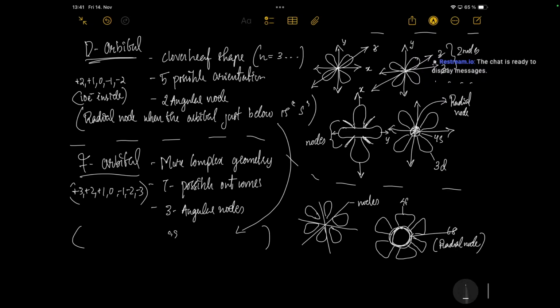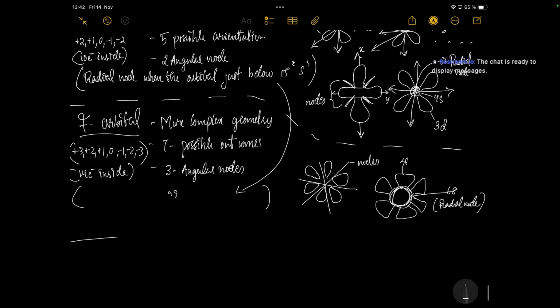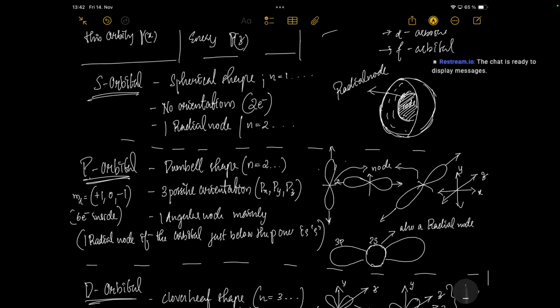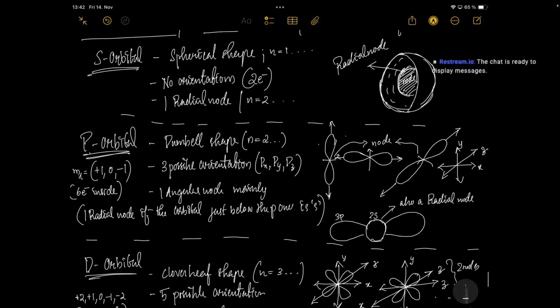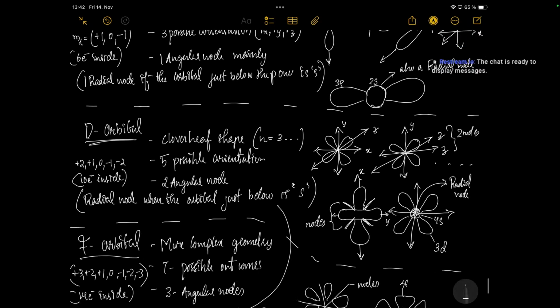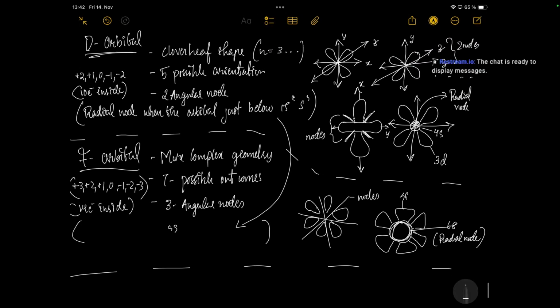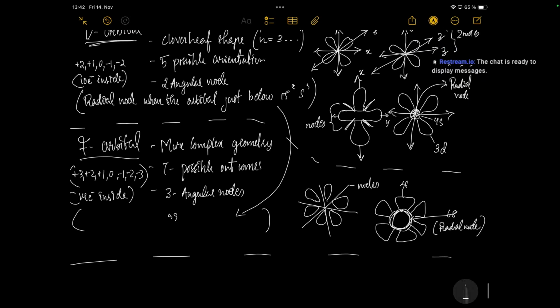Okay, how many electrons? 14 electrons inside. So these are basically the four orbitals. I'm sorry for not drawing the f orbital well.